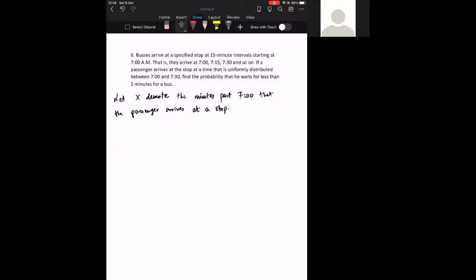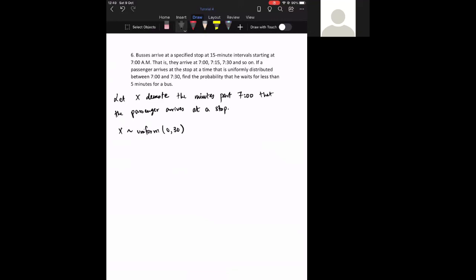We know that X is a uniform random variable from 0 to 30. We want the passenger to wait less than 5 minutes. We know that the bus will arrive at either 7:15 or 7:30. We will not count the bus arriving at 7 o'clock because the passenger will either arrive on time or be late for the bus.